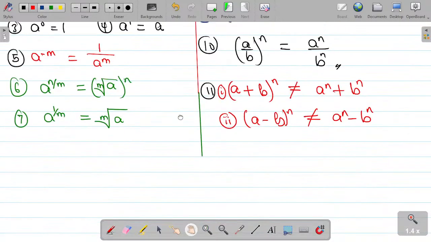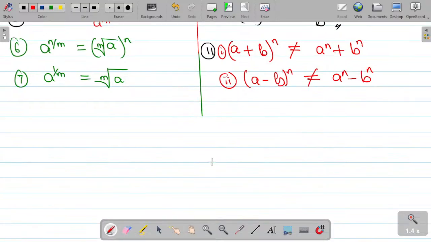And you can actually see all of this. For instance, let me use this very simple example. Let's take it that you have something like (5 - 3)^2. You know that 5 minus 3 is equal to 2, so 2 to the power of 2 is equal to 4.